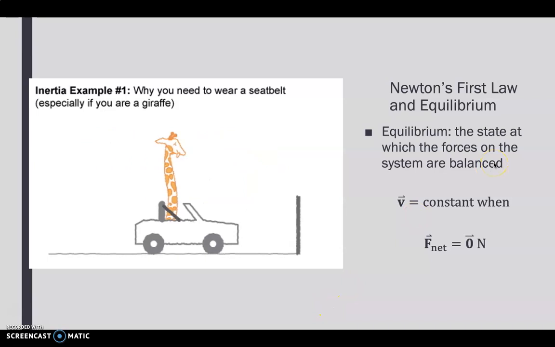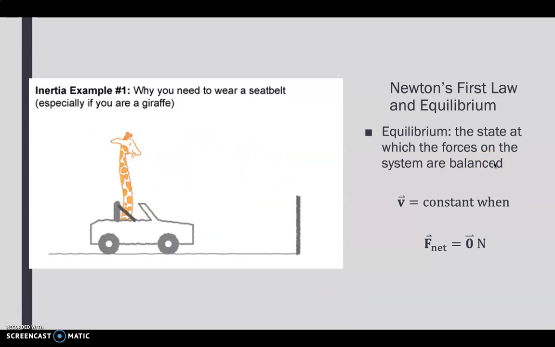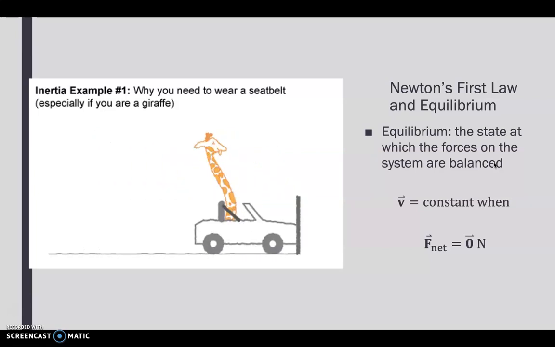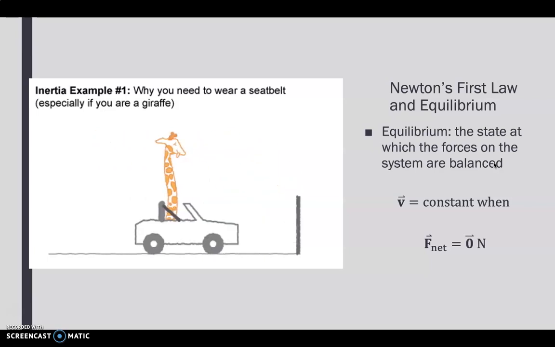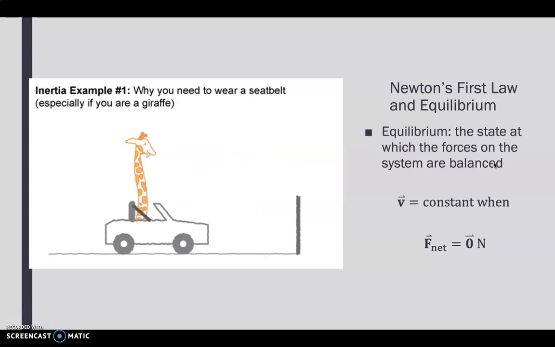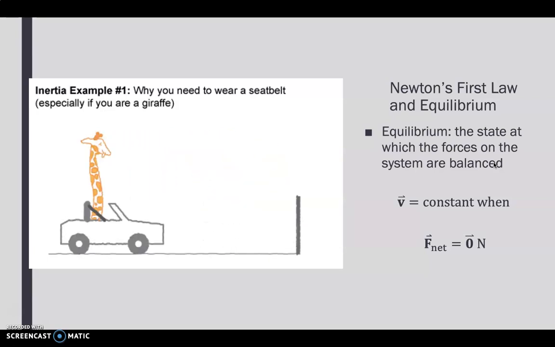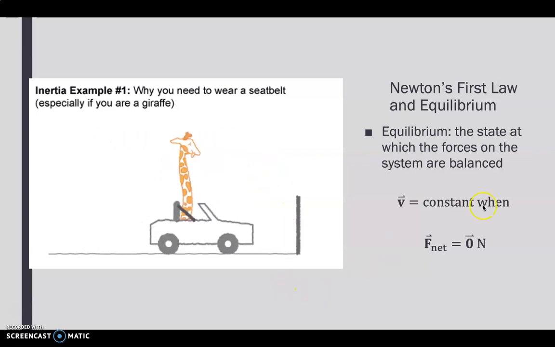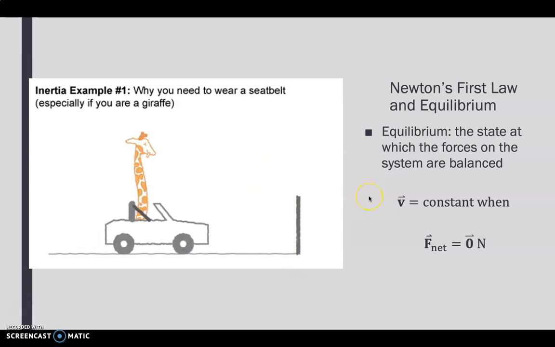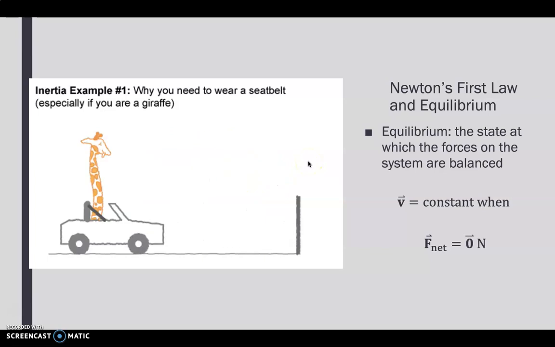So Newton's first law and why we care about it. A lot of times you get all of this stuff in your head, like I just talked about, and you're wondering, do we care about this? Why does it really matter? Well, say you are in a vehicle, like this giraffe here, driving along, and then you hit a wall, and that wall stops your car. Your body is still going to be moving.